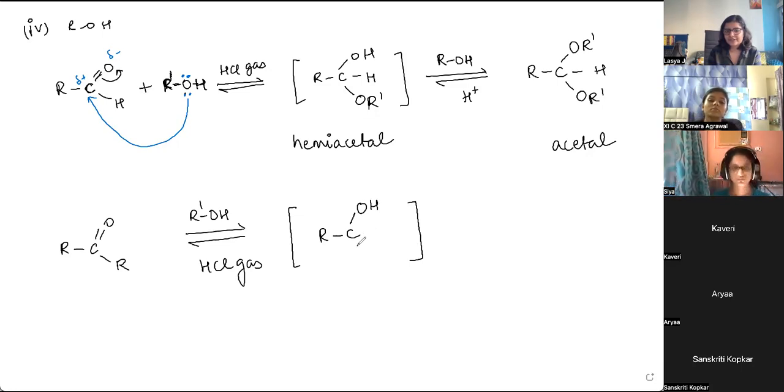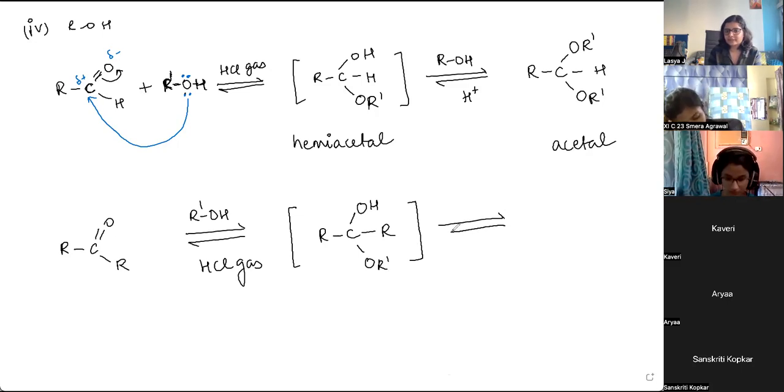Again, same thing, OR dash from the alcohol will get added, R and R will remain the same. And the second mole, again, same thing, R dash OH, presence of H plus. Here this is a substitution reaction.